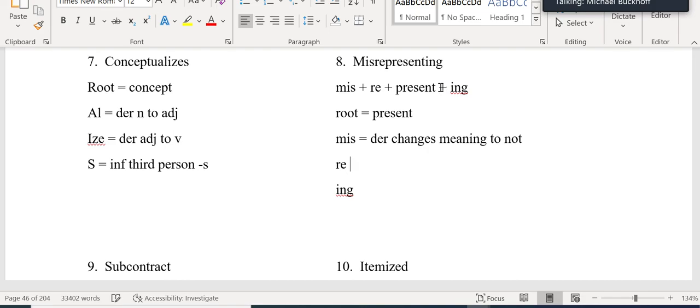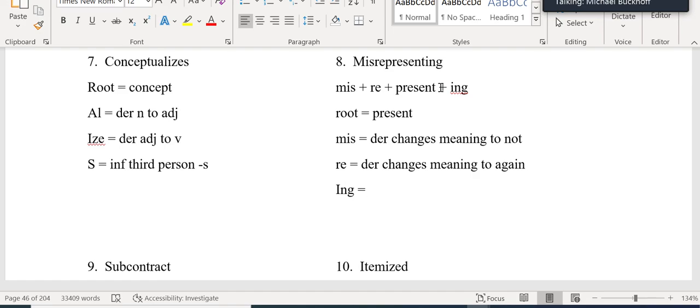If you have present and then represent, derivational, changes meaning to, again. And then you have ing here.